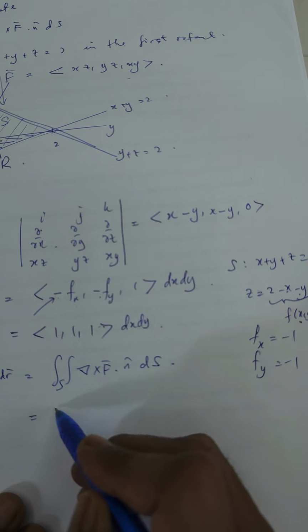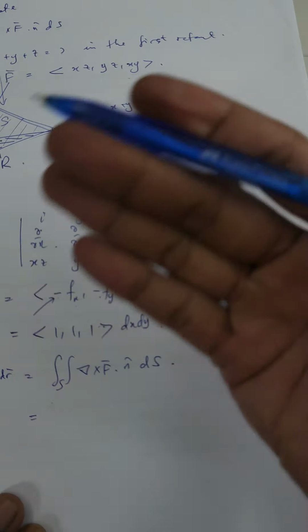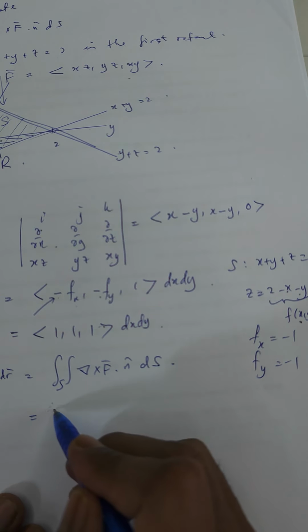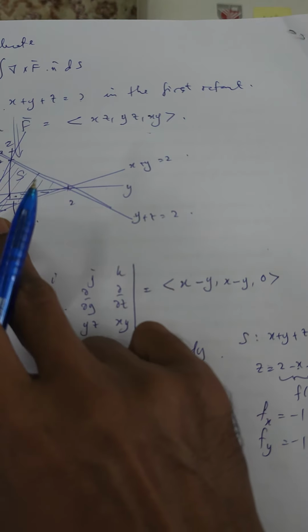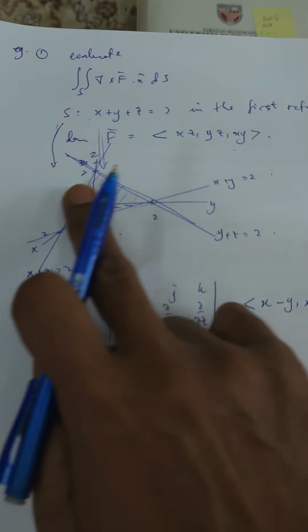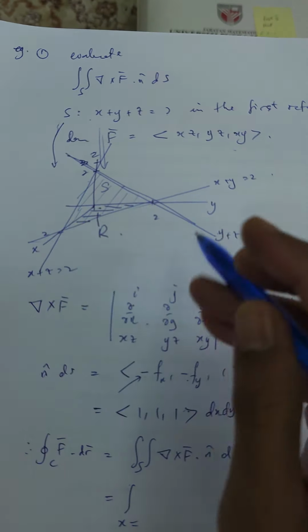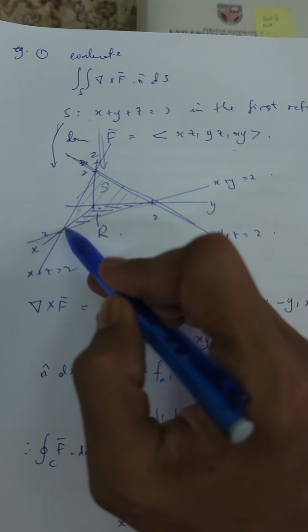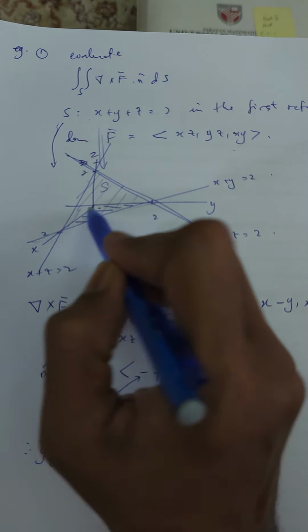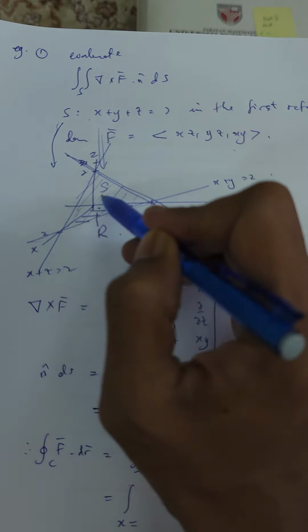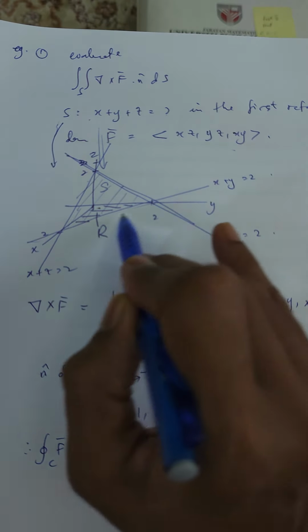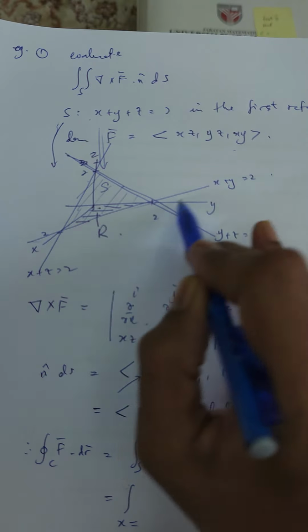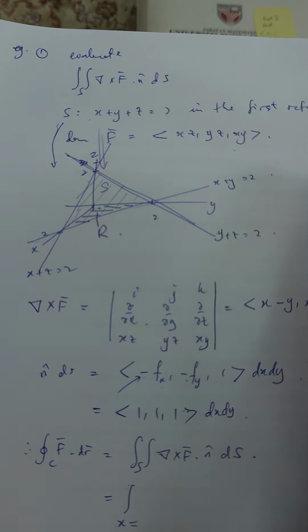to integrate those. So we have to fill up everything because we project on the xy plane. So now we have x from, look at our diagram here, x from 0 to 2, and y from 0 until that line, y equal to 2 minus x.